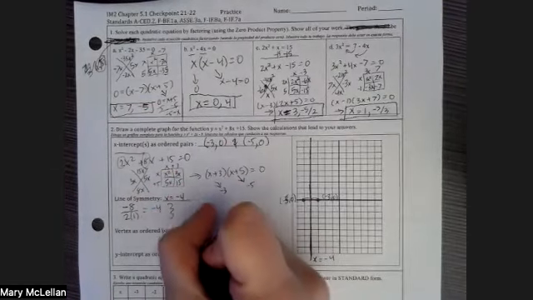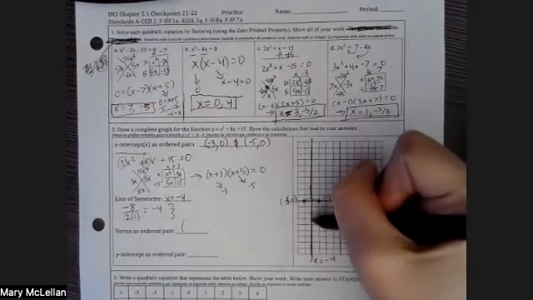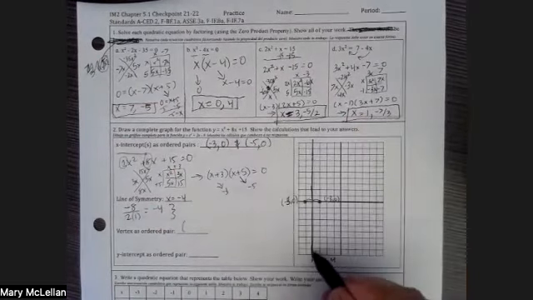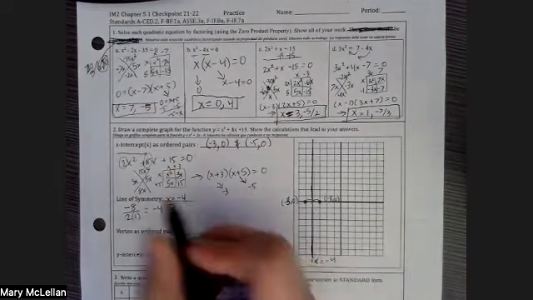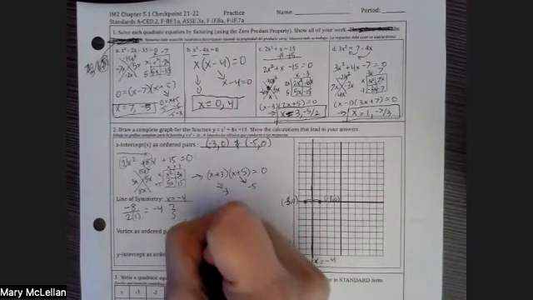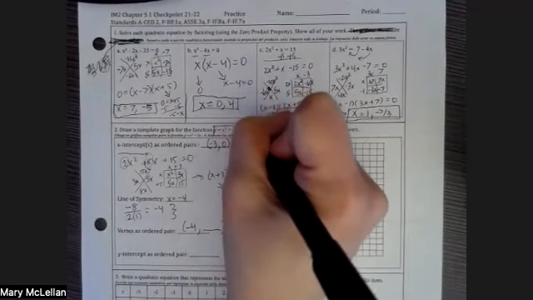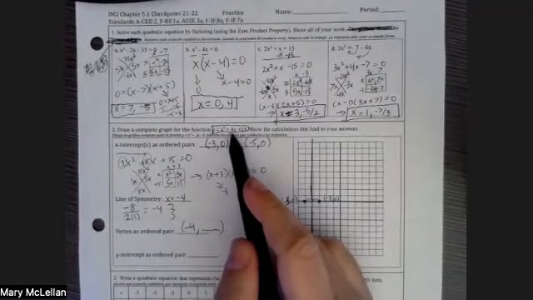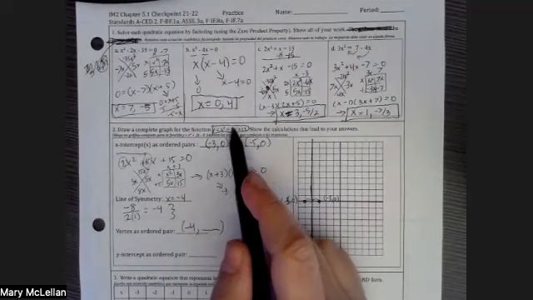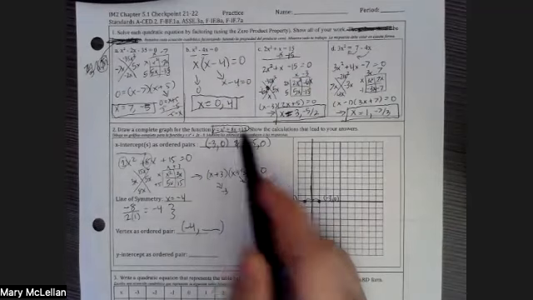All right. To get my vertex, I know my vertex has to be in the middle of my parabola, and the x part of my vertex has to be here at -4. So I have -4, comma, and I just have to figure out what y is. I can do that using my equation. Anytime I have an equation, I can use it to find a y value when given an x value.